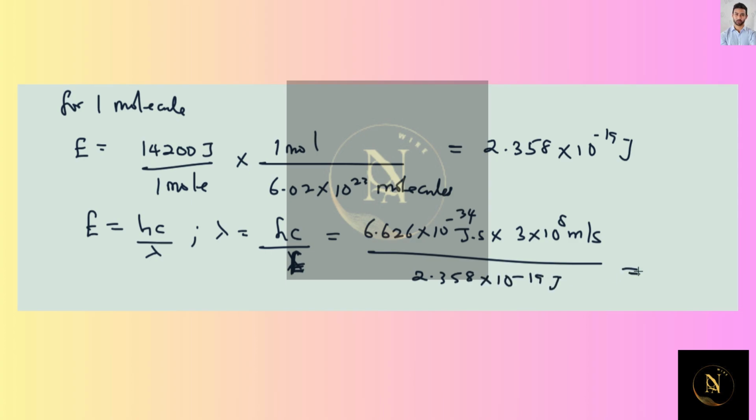And that will give us 8.4 times 10 to the power minus 7 meters, which will be around 840 nanometers. So that's the wavelength of light that's required to break the O-O bond.